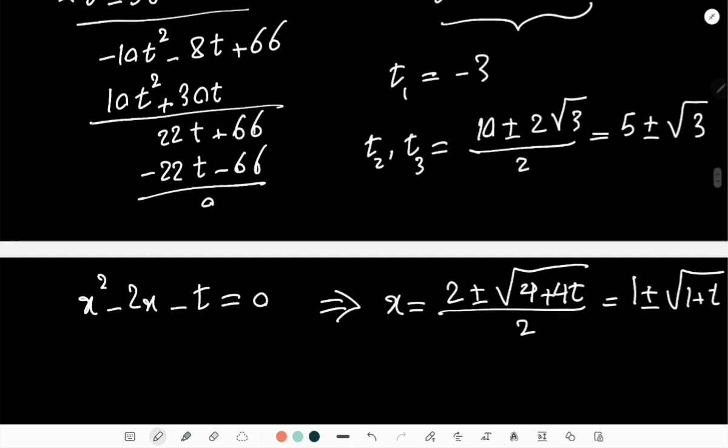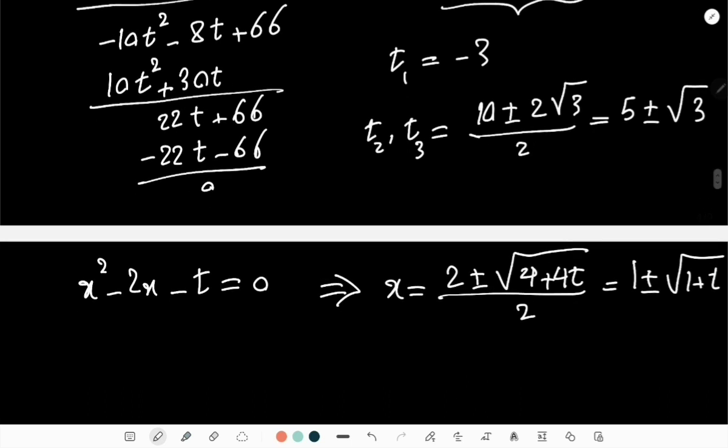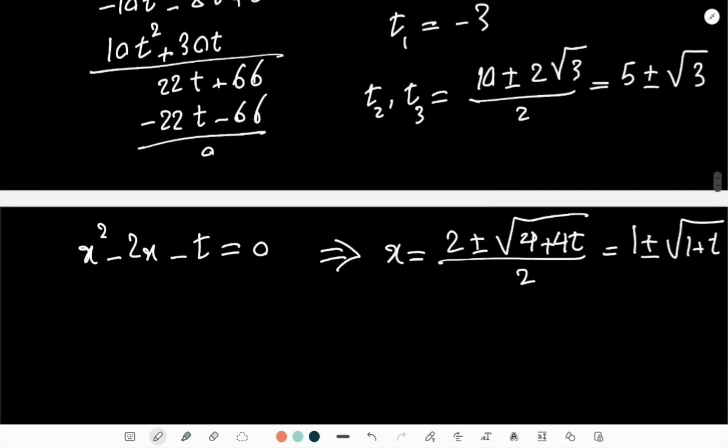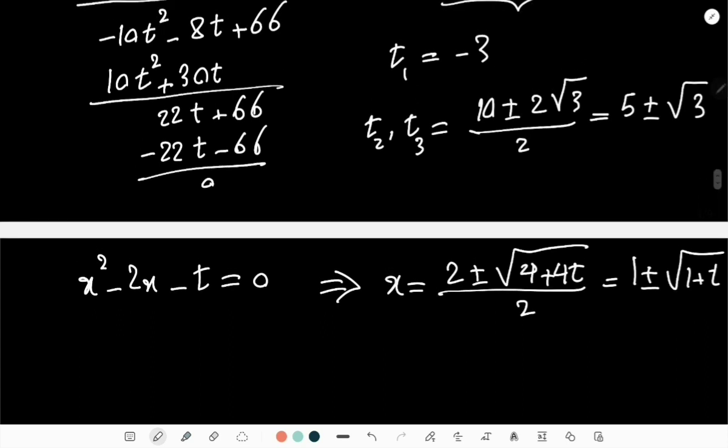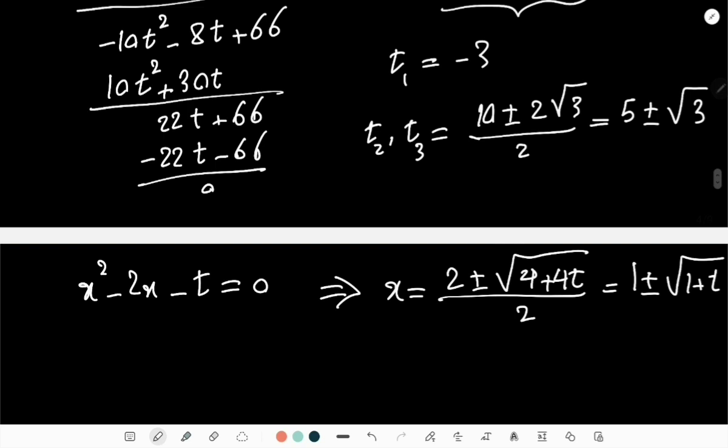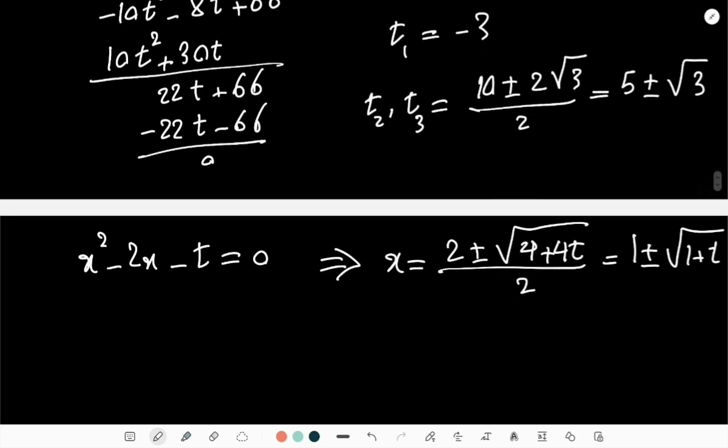Okay, so I have those values for t, and if I replace them, I'm sure that I get some complex roots as well.